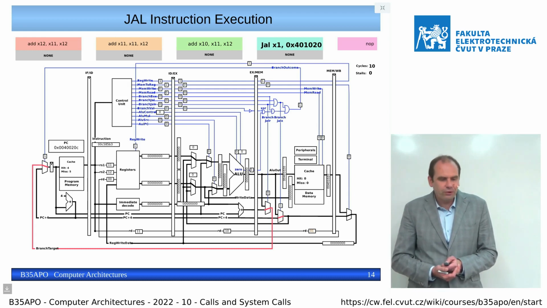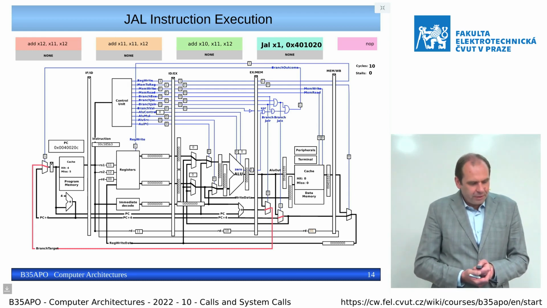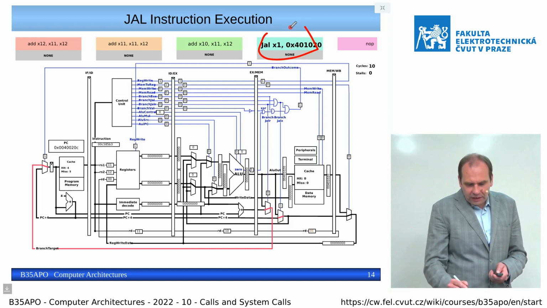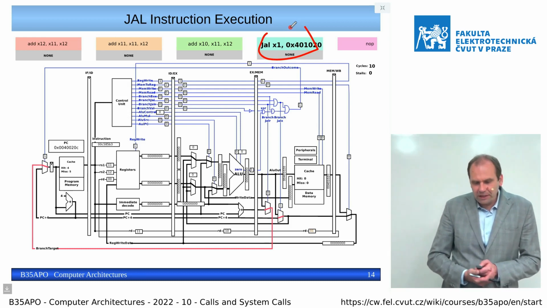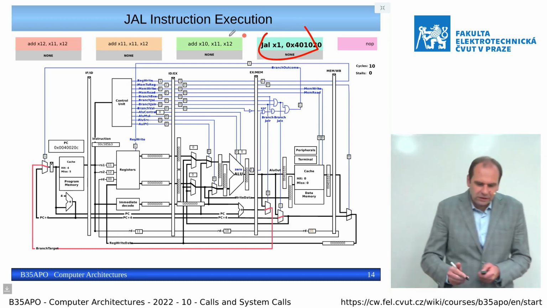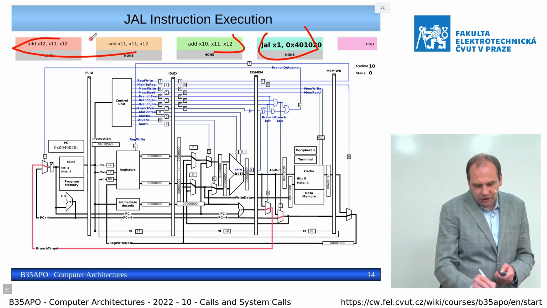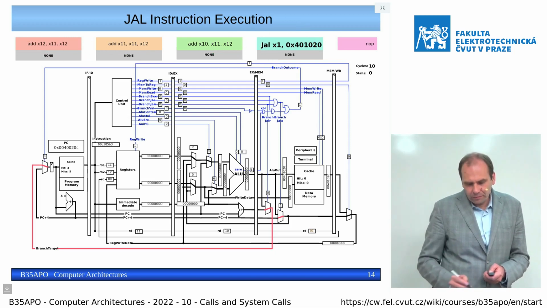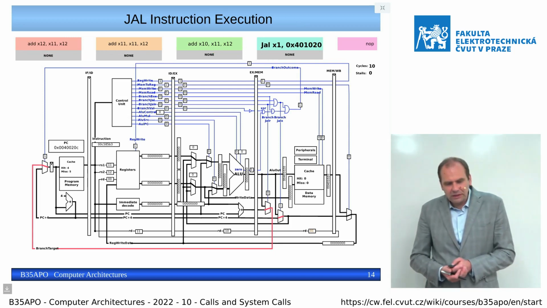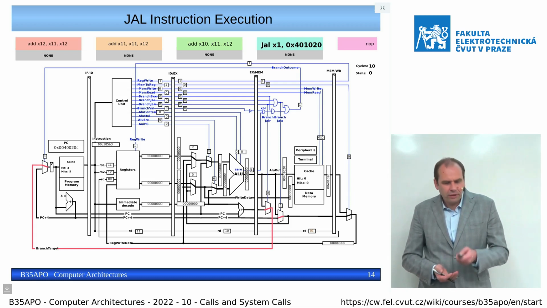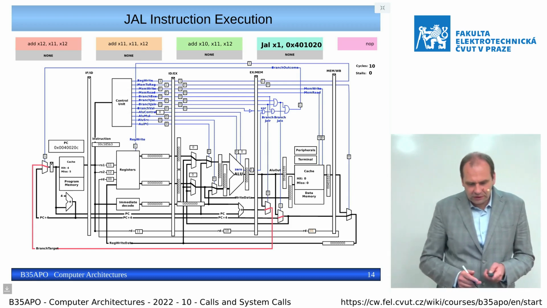But if you have a predictor, and the predictor predicts the target address and branching correctly, then you can already have the instruction from the destination of the branch there. But we do not have the predictor in this picture.